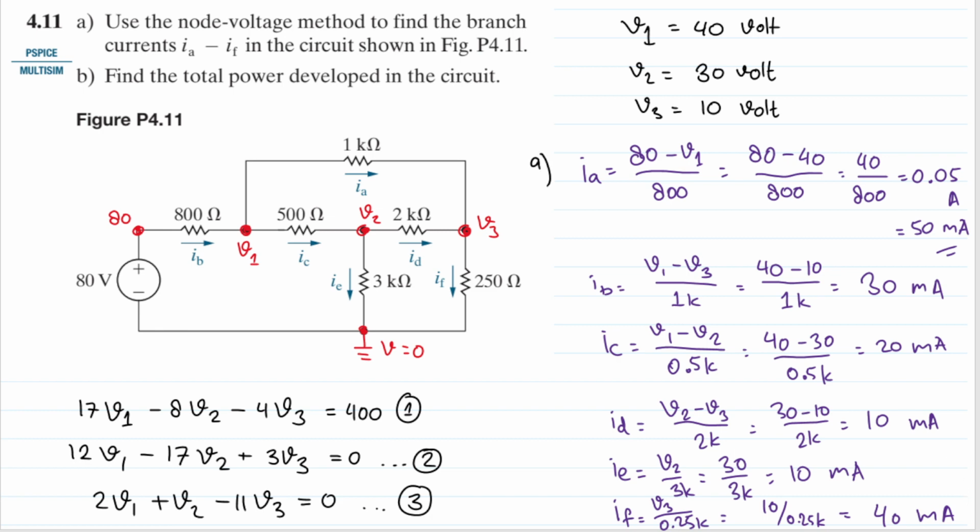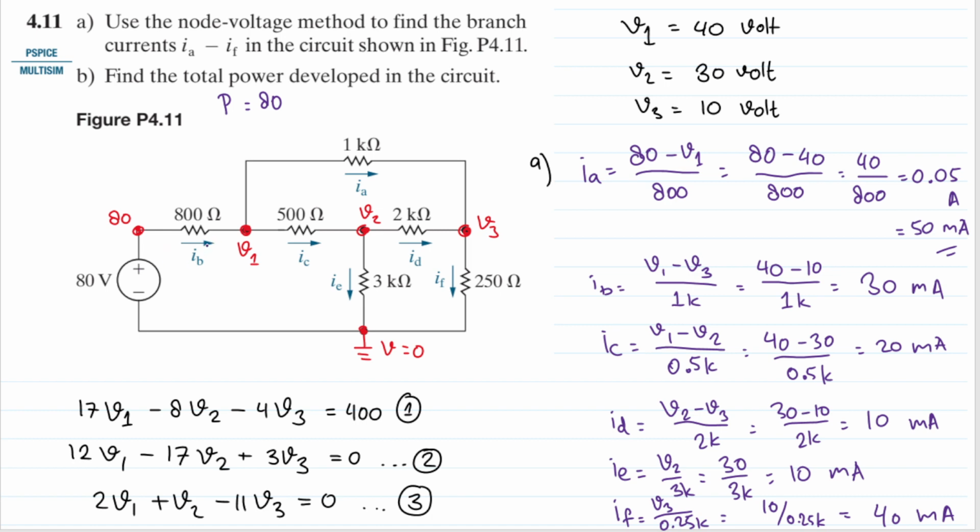Okay, now let's do the last question. Find the total power developed in the circuit. And I think we can just use this voltage source, because that is the only source that can give power to the circuit. So we will have P is equal to 80 multiplied by IB, right?